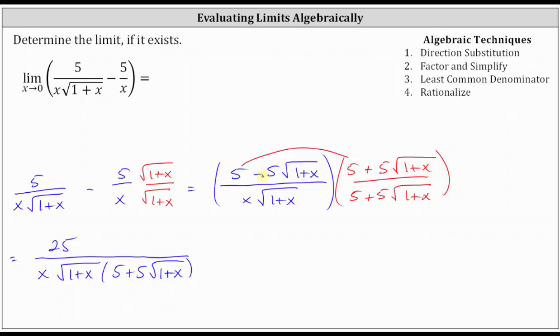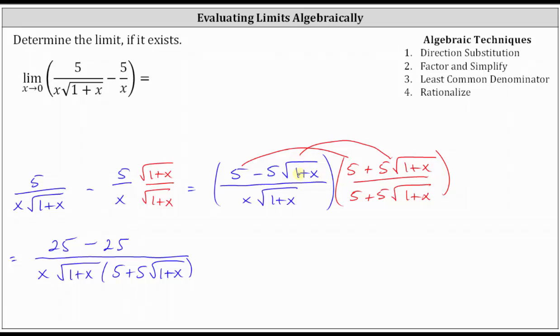And the next product is negative 25 times the square root of the quantity 1 plus x, which sums to 0. And the last product is negative 5 square root of the quantity 1 plus x times positive 5 square root of the quantity 1 plus x, which is going to give us minus 5 times 5 is 25.